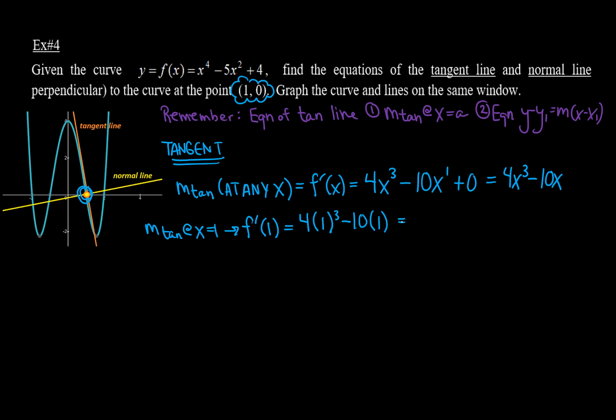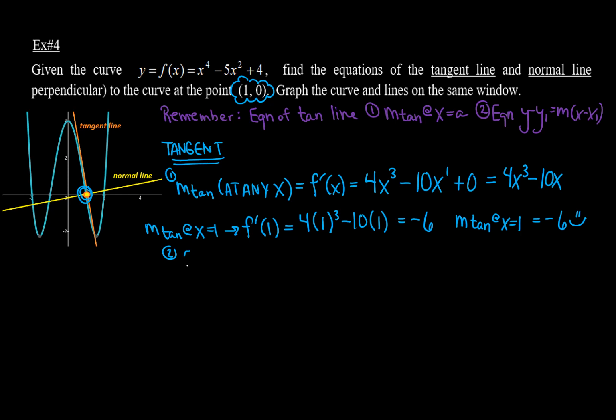And I get 4 times 1 cubed minus 10, and that's going to give me negative 6. So the slope of the tangent at x equals 1 is equal to negative 6. All right, so that's my first part. I found my slope of the tangent.